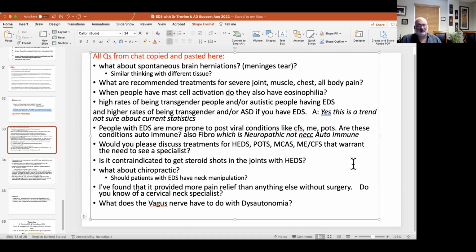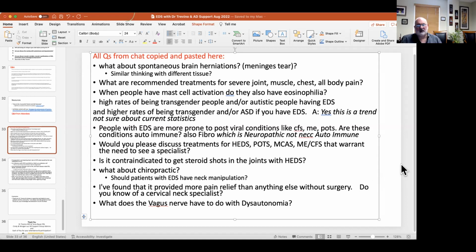ME/CFS, I think that also needs to be seen. A lot of rheumatologists will treat that. That's more common and more well known. So I think a normal practitioner or internist could also treat that.